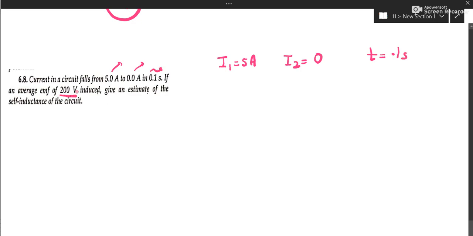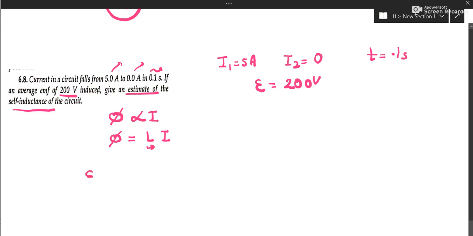The average EMF is this much. So they have told about EMF already. We'll have to tell about self-inductance. So we know that phi is proportional to I. Phi is equal to Li. This L is your self-inductance and EMF is equal to minus d phi by dt.